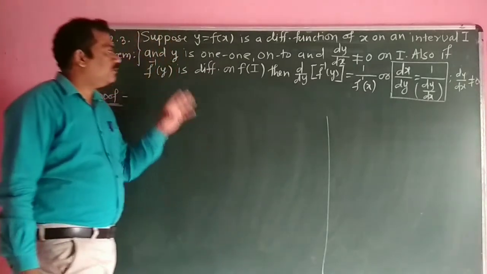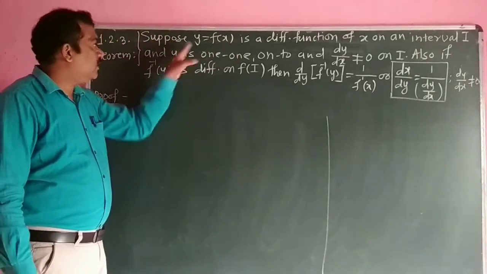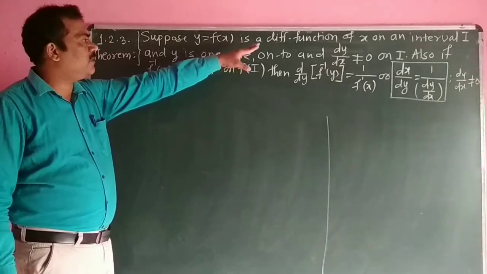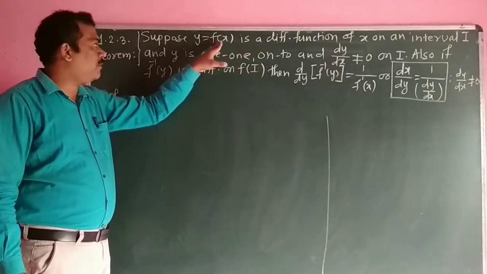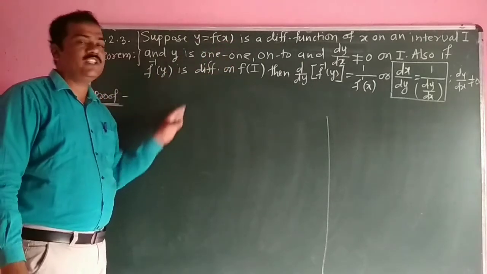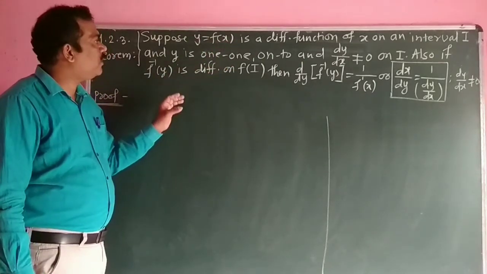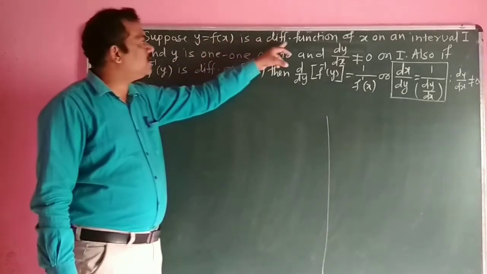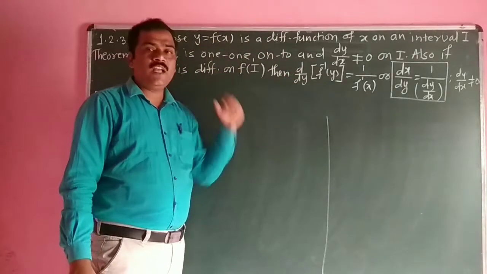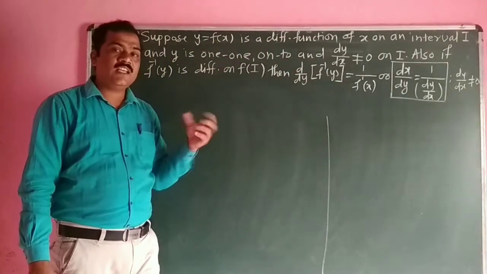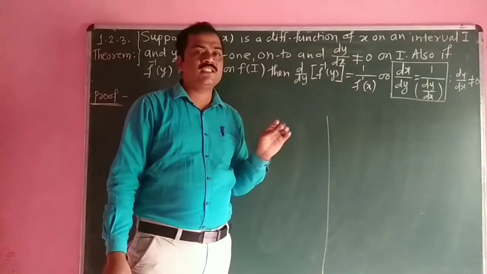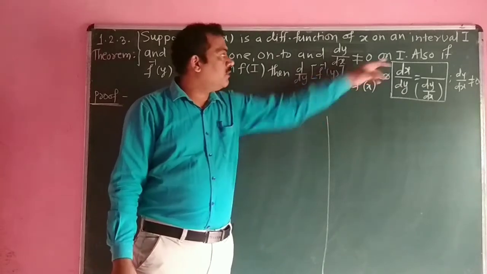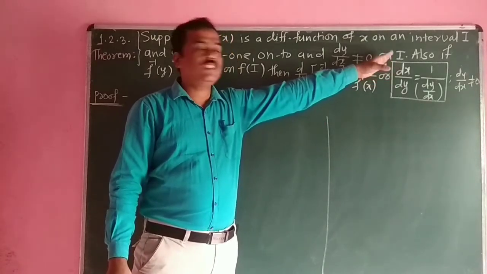Okay, now first of all we have to understand the meaning. y is equal to f of x is a differentiable function of x. This is the original function. If this y, that is f of x, is one-one and onto, then its inverse function exists. Also, y is a differentiable function of x, meaning the value of dy by dx exists, and there is a condition that the value of dy by dx is not equal to 0 on the given set.